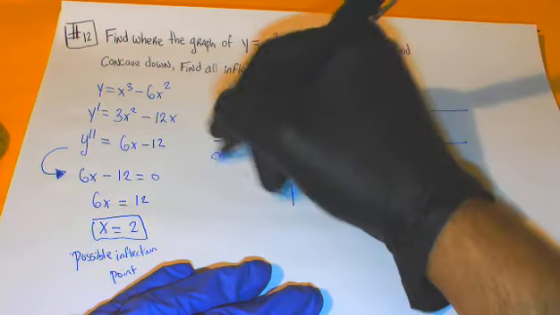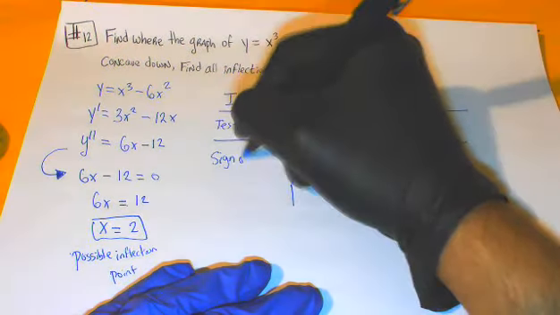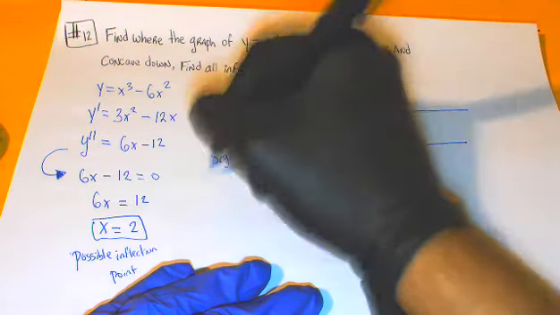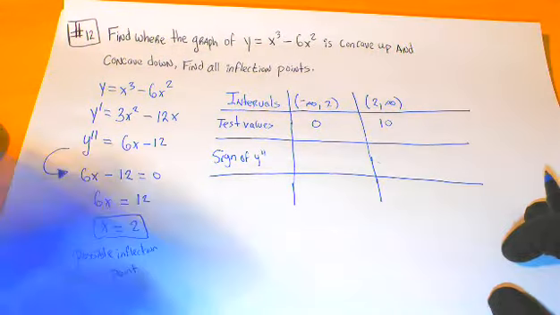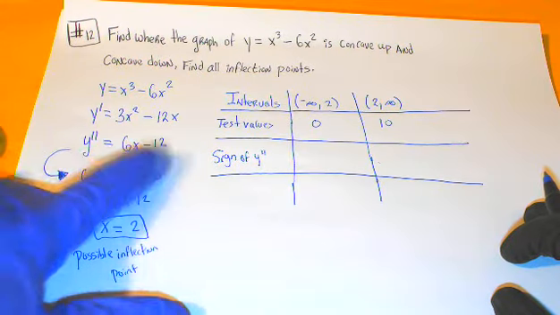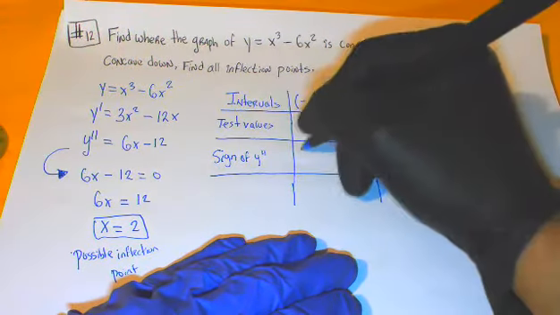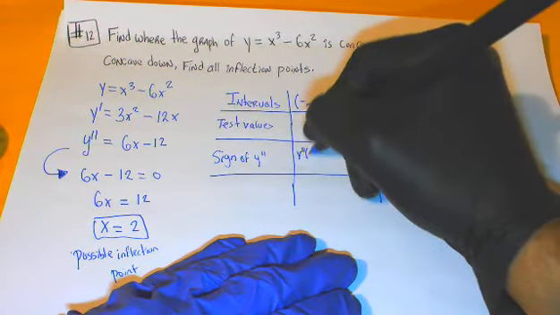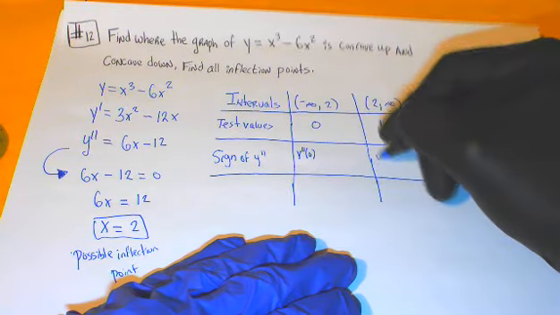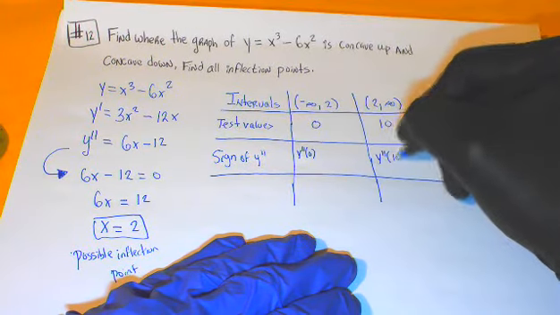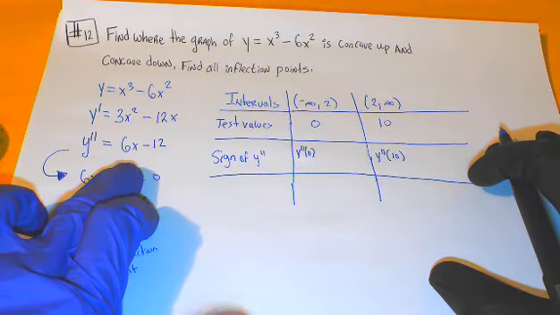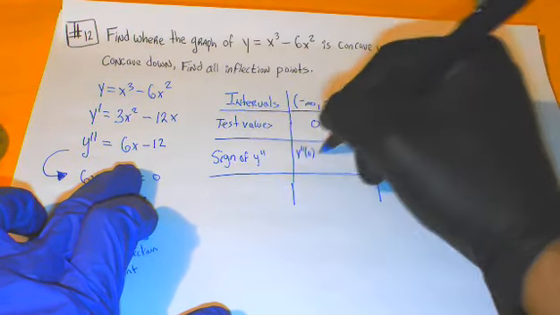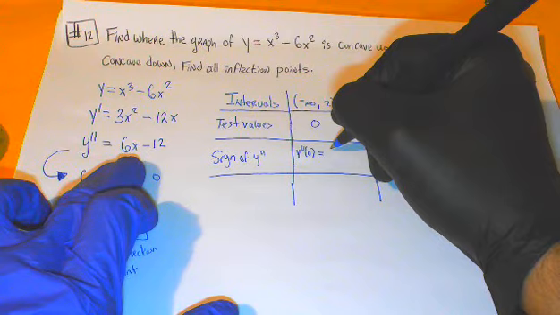Now we need to determine the sign of y double prime. So we want to plug our test values into our second derivative. Since y double prime is equal to 6x minus 12, I'm going to use the notation y double prime of 0 and y double prime of 10. What we're going to get is 6 times 0 minus 12.